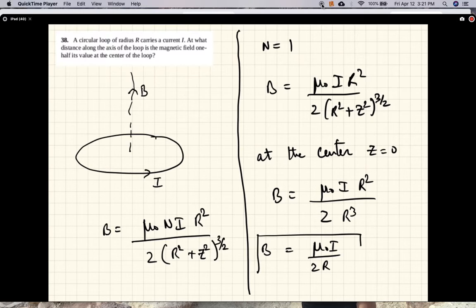So this is the field at the center. And what we want to find is at what distance, at what value of z, is the field 1/2 the value at the center. So let's call this the field at the center.